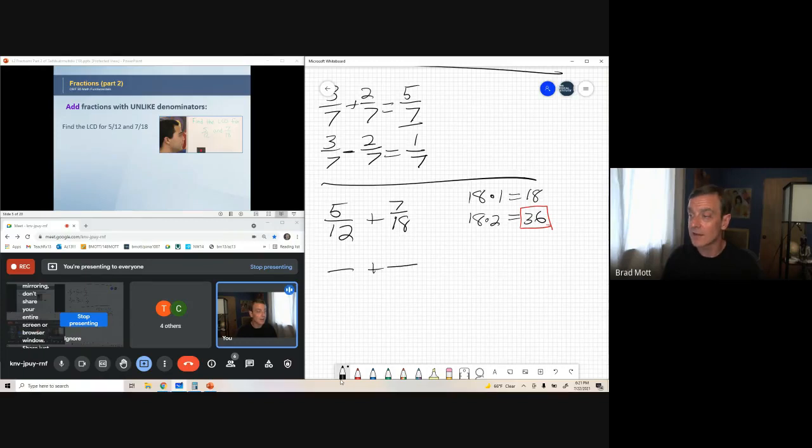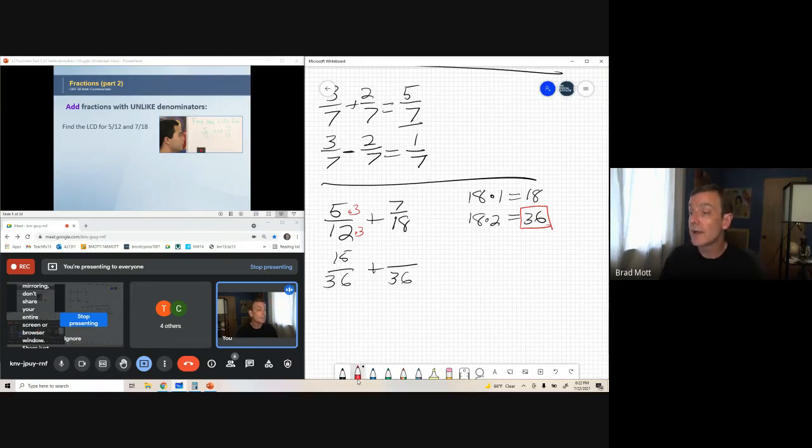So let's rewrite this with that LCD, lowest common denominator of 36, right there. Now we needed to multiply 12 times 3 to get to 36, so we need to also multiply 5 times 3. So we'll get 15/36, equivalent to 5/12.